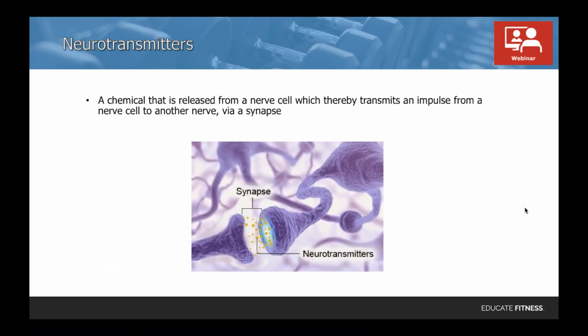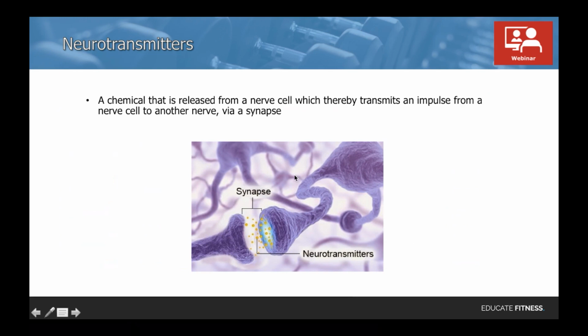So it does this through a chemical called a neurotransmitter. If we look at the image here, that is the relay race baton of handing the signal from one motor neuron's end, the axon terminal, to the next motor neuron's beginning, the dendrite. The gap in between is called a synapse.